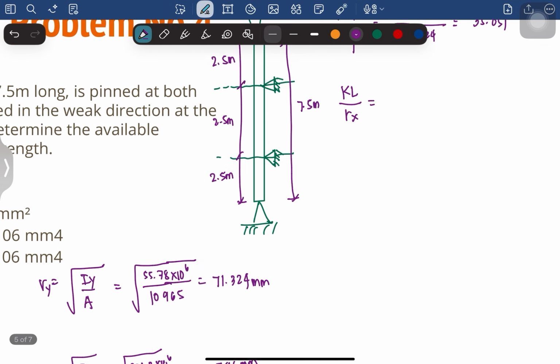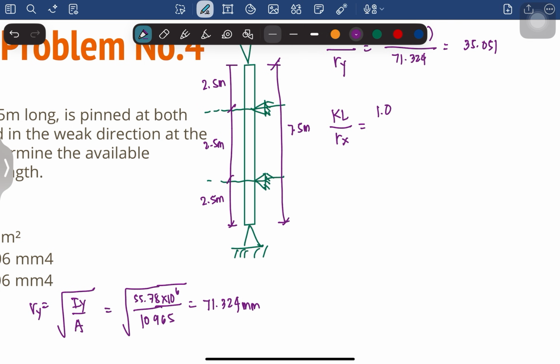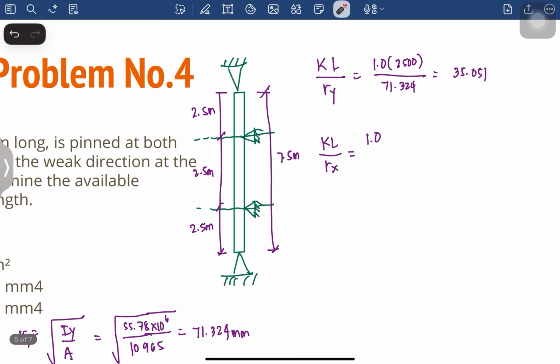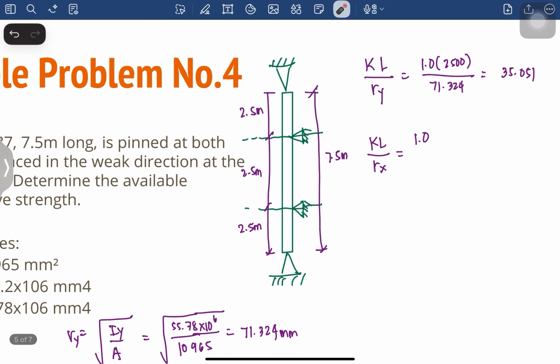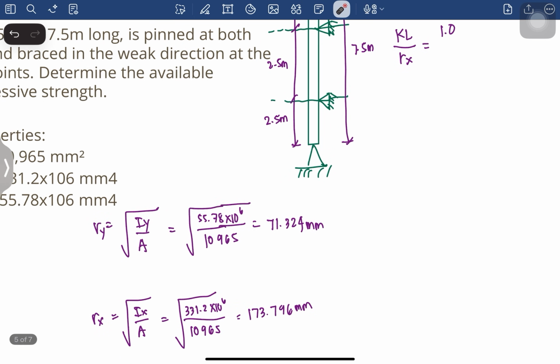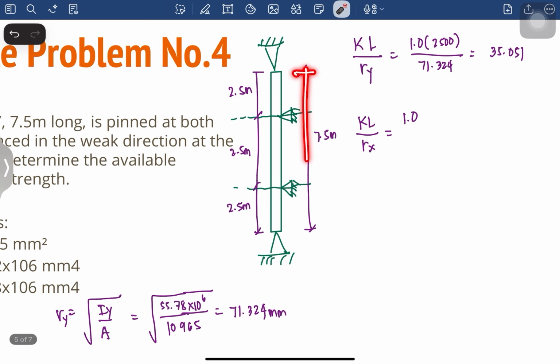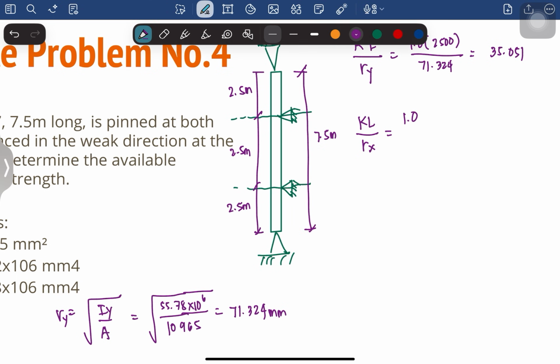So, yung K diyan also equal to 1.0 kasi both pin support din, dulo to dulo. Then, yung length naman, walang support na nakakabit doon sa strong axis or yung sa Ix. Kaya buong length po yung i-consider natin.